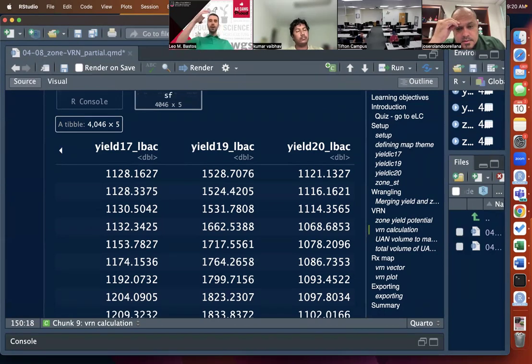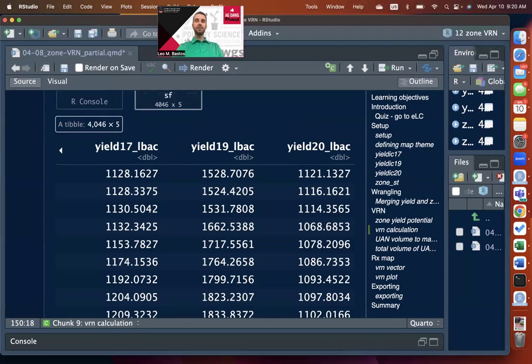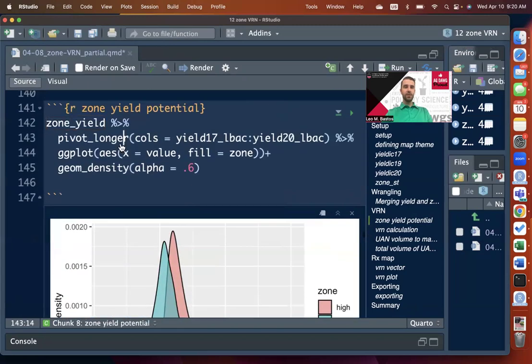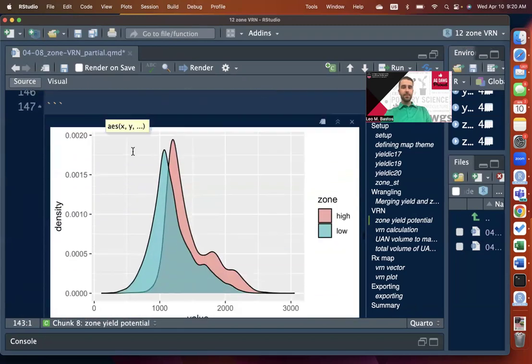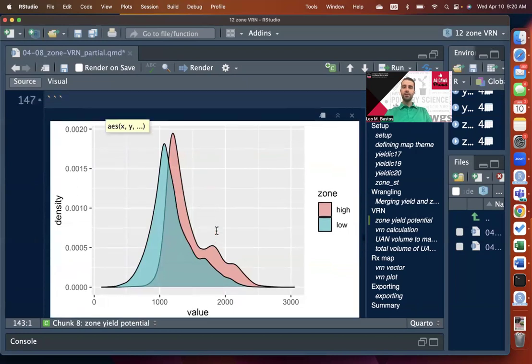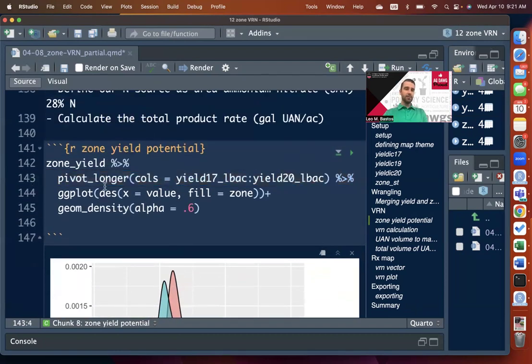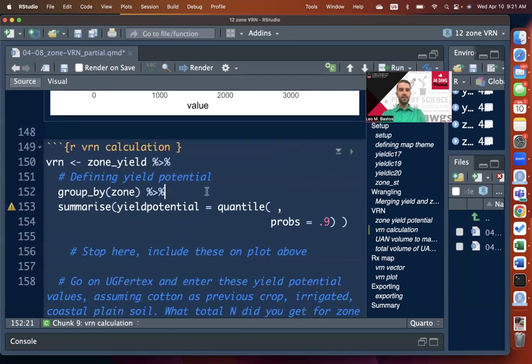I want all the yield values for all 3 years in one column, and then extract the 90th quantile of that distribution, which is what we did on this plot. We did a pivot longer here and then plotted this. So we're missing that pivot longer. If you want, come back to the previous chunk, copy that pivot longer because it's going to be the same, and paste it right before this group by.